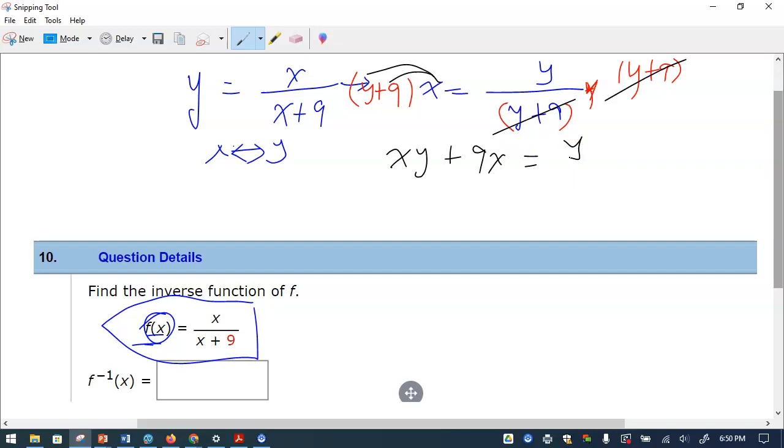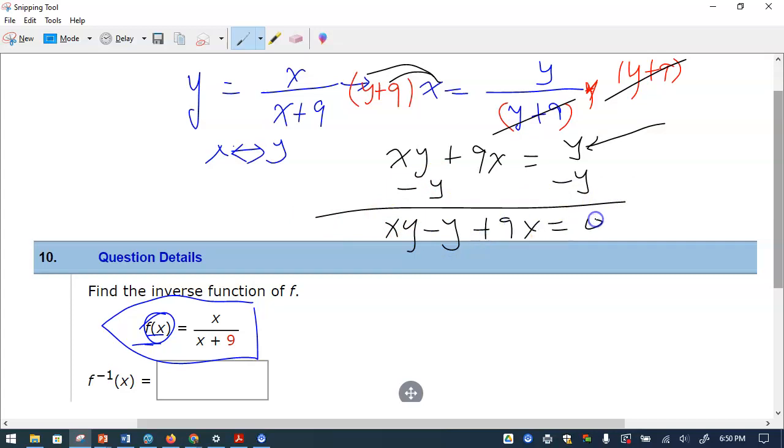And then we need to get every term with y on one side. So this y has to be taken to the left side. Subtract y, and you get xy minus y plus 9x equals 0. And then subtract 9x on both sides. At the same time, you can see there's a y which multiplies x here, and also y multiplies 1.